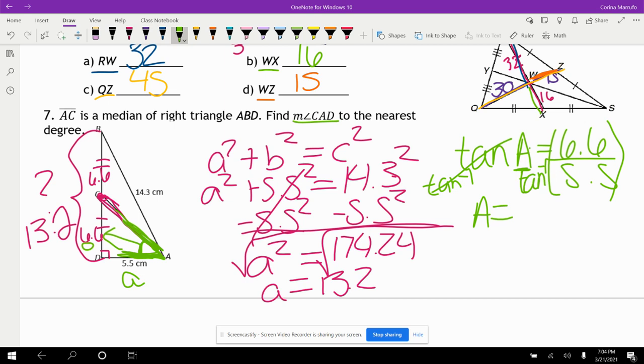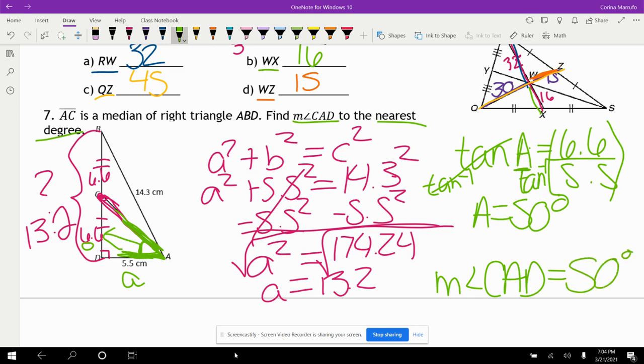I'm going to go ahead and put that in my calculator. 6.6 divided by 5.5, and that gives me 50.1, but we're rounding to the nearest degree, so that's going to give me 50 degrees. Okay, so that means that the measure of angle CAD is equal to 50 degrees.